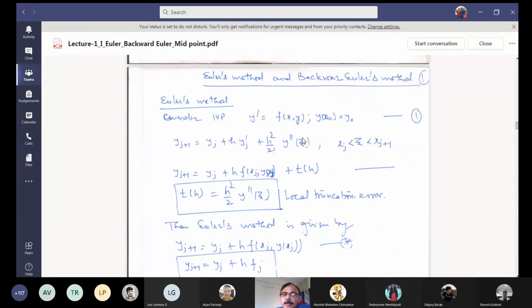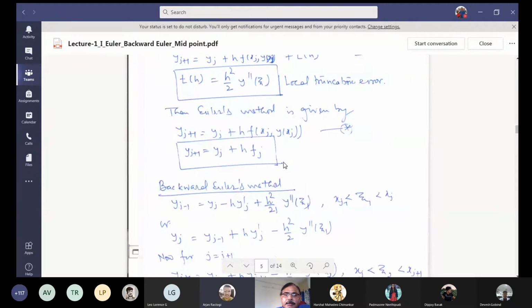Is that right? Yes or no? Okay. So let us first ignore this. Then we'll get yj plus 1 equal to yj plus h yj prime. This is called your Euler method. Yj plus 1 equal to yj plus h yj prime.